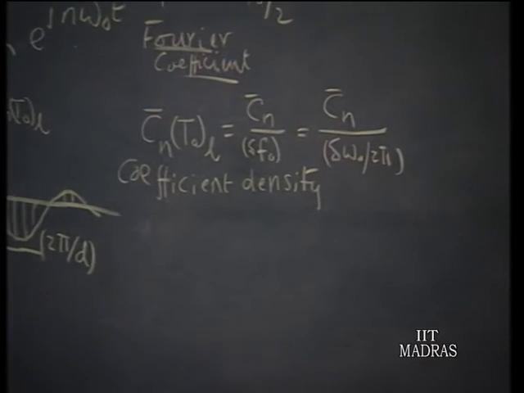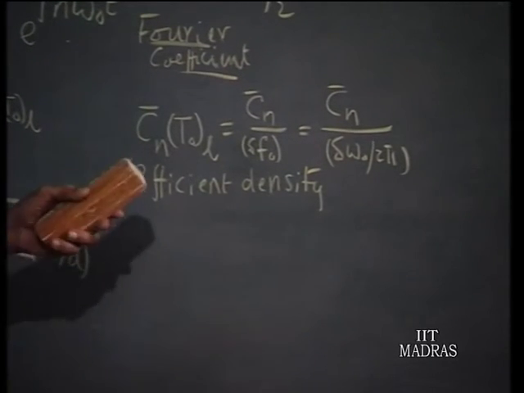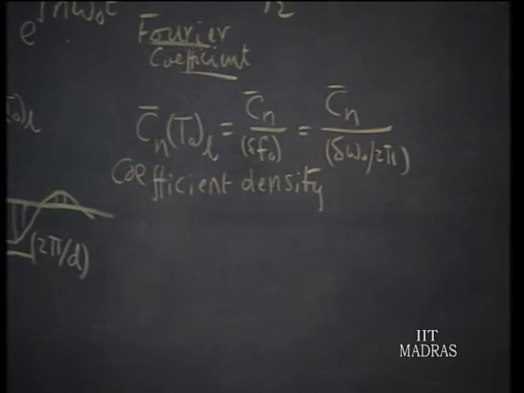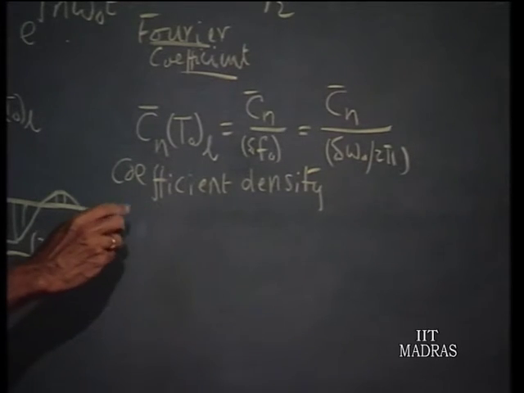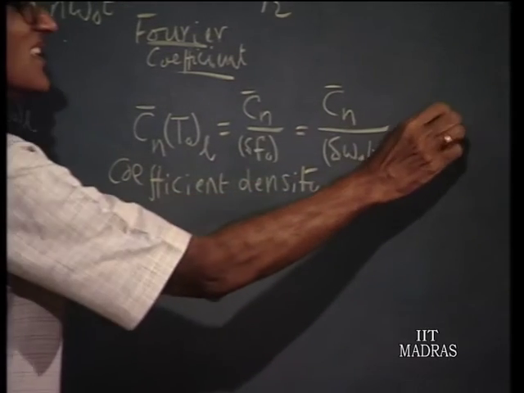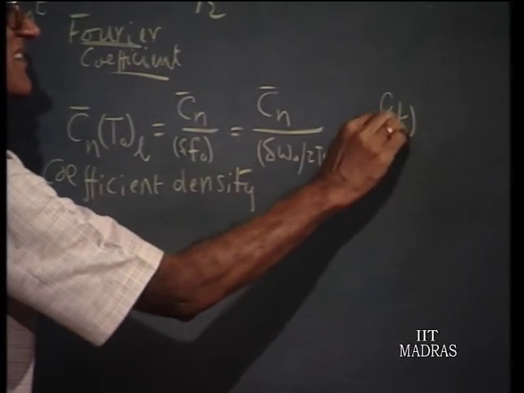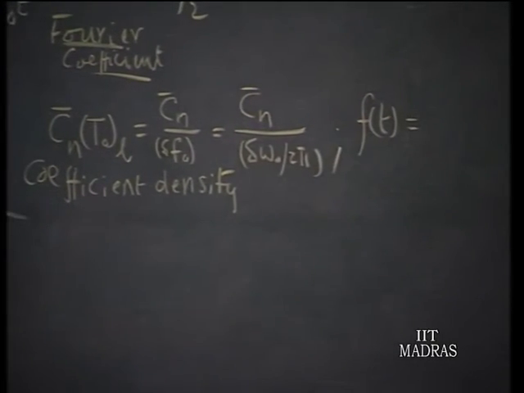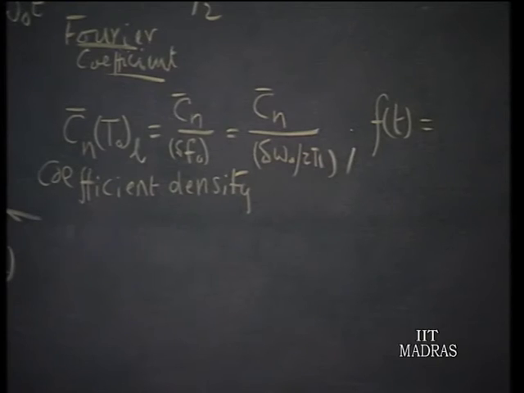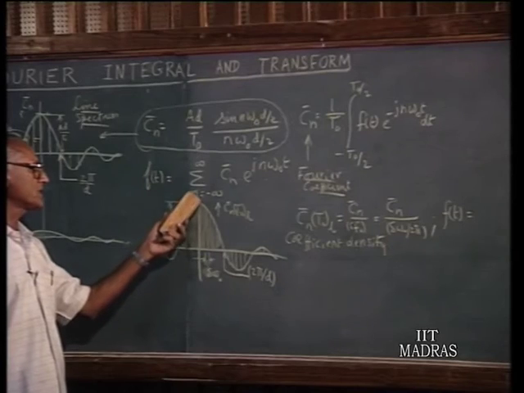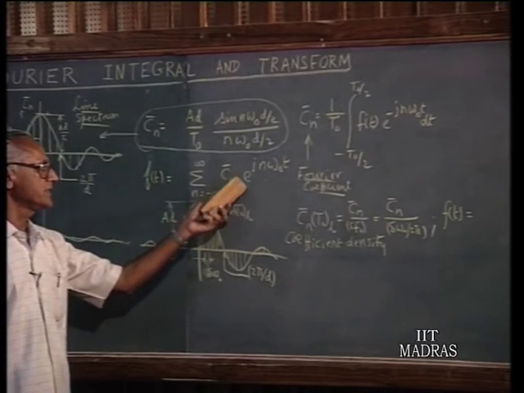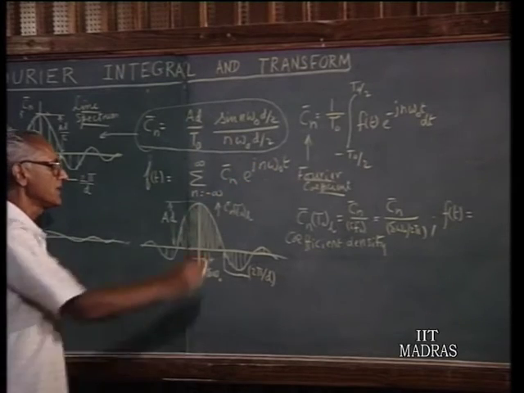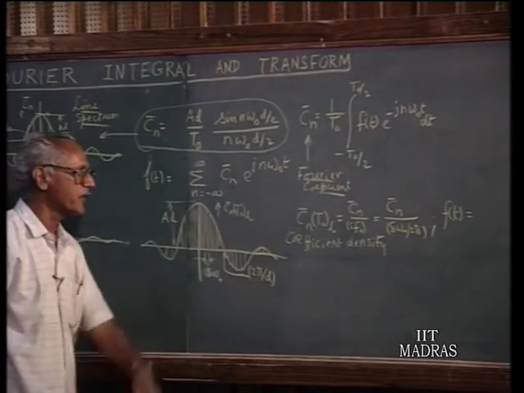This is called the coefficient density, and once you have this concept of coefficient density, then f of t can be written as, you recall f of t in the Fourier series expansion is the sum from n equals minus infinity to plus infinity of C n e to the power of j n omega naught t, but instead of C n I would like to talk in terms of the coefficient density.